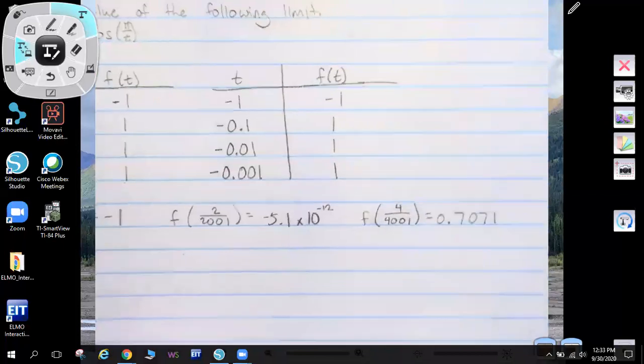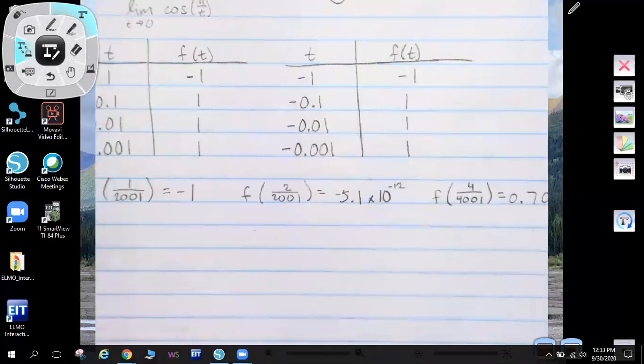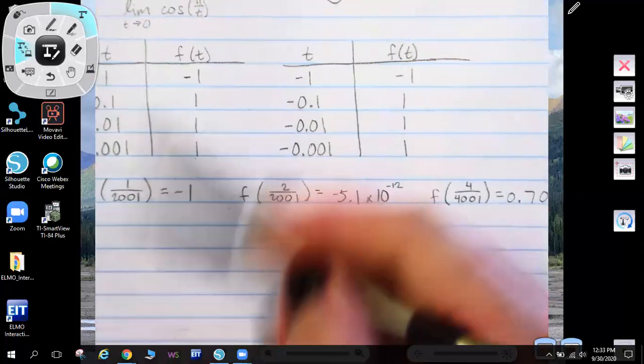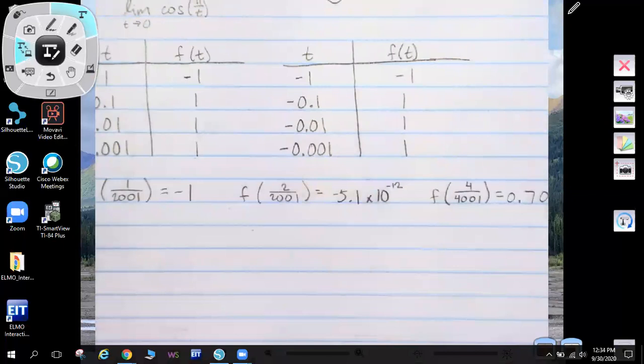So we plugged in 3 numbers into our function. All 3 of these numbers are closer to 0 than anything in our chart that we tried. So if our function was getting closer and closer to 1, these should have come out to be 1 as well, and they didn't. So I want us to look at the graph of this function to see what's happening.